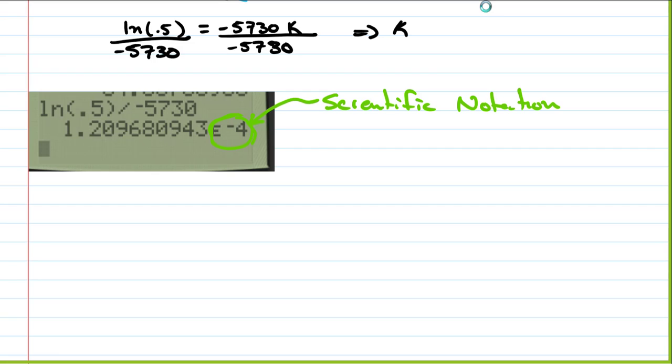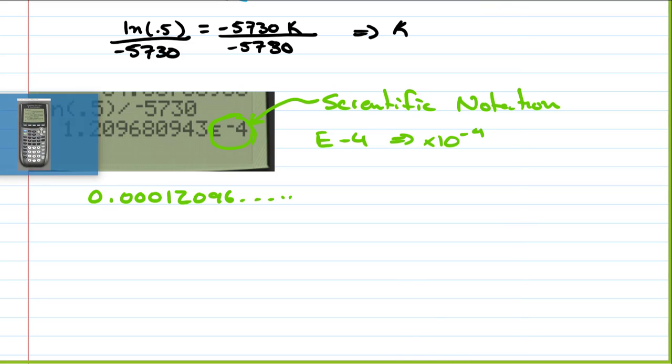And the e to the negative 4 is the same as times 10 to the negative 4th power. Or in other words, I need to move my decimal 4 places to the left. So this number is actually 0.0001296... So if we're asked for the decay rate, you can't just say 1.2, that would be incorrect. We would have to move our decimal the correct number of places to the left.